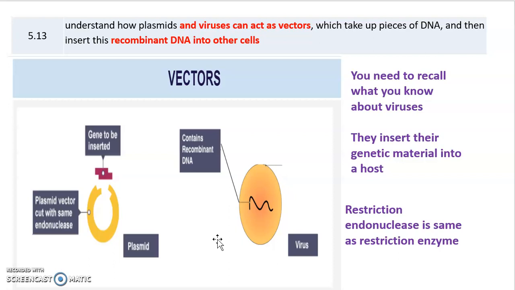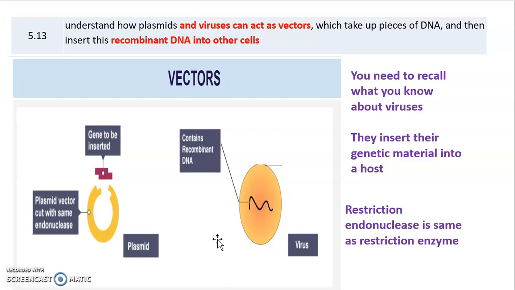So viruses are naturally occurring organisms, well, not really organisms, but they're going to insert their DNA into a host cell, and that host cell is then going to express the viral DNA and make viral proteins, which can be reassembled to make new viruses, which then go on to infect other host cells.